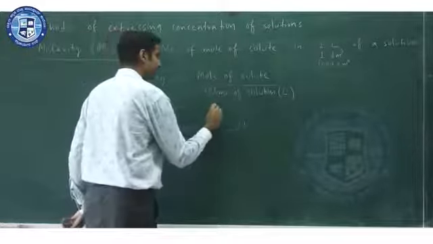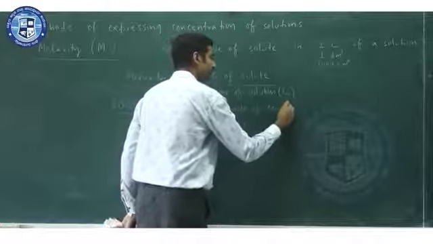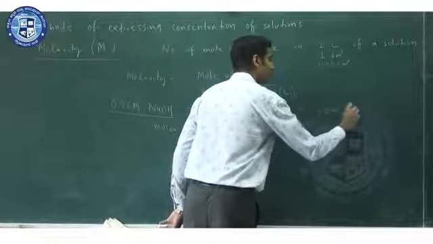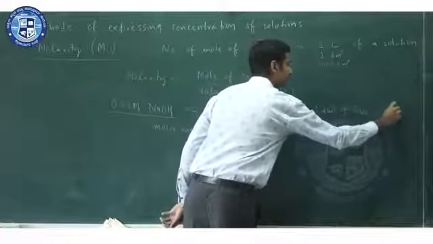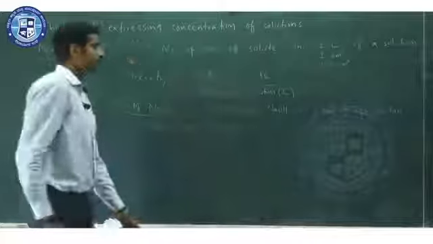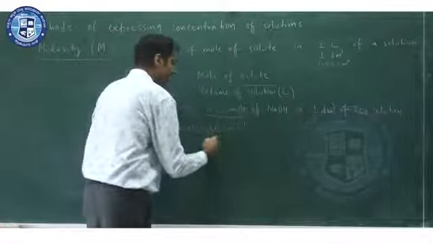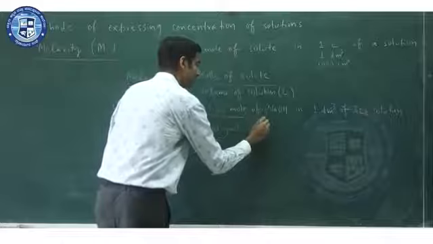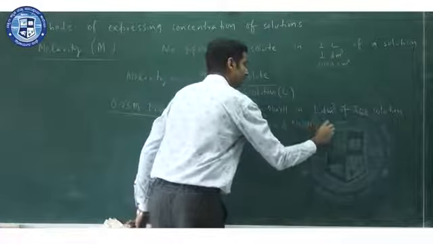It implies that 0.25 mole of sodium hydroxide is dissolved in 1 dm cube of the sodium hydroxide solution. How much is 0.25 mole? 1 mole is equivalent to 40 gram, and therefore 1/4 of 40 gram, which implies 10 gram of sodium hydroxide is dissolved in 1 liter of the solution.